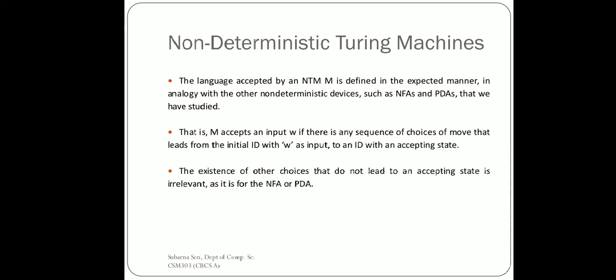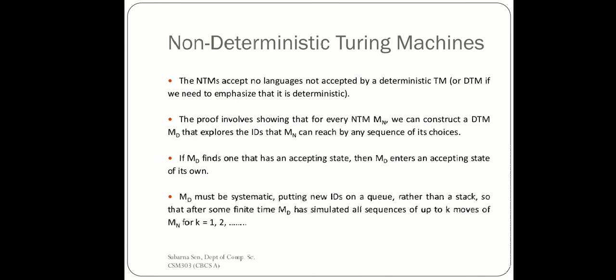So here we will see how it processes our input. We will be given a string of input w, and we will see how it is processed and how we are going to convert that using the deterministic Turing machine. So let us see here.